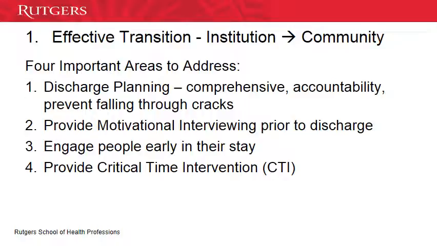a long-term time frame. And in preparing the person to be discharged and move into the community and access different supports than they're used to, a comprehensive plan is required and accountability needs to be established in order to prevent responsibilities from falling through the cracks.